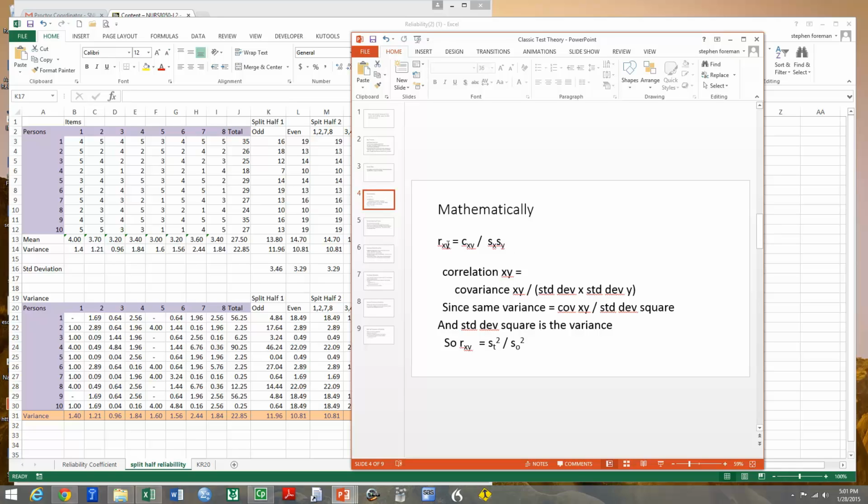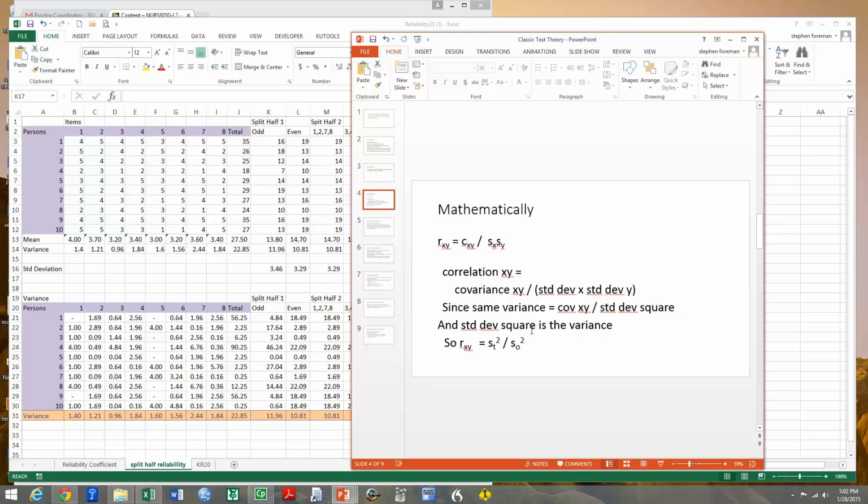Mathematically, the correlation between the two tests, x and y, should be equal to the covariance between the x and y scores divided by the standard deviation of x times the standard deviation of y. And since those variances are the same, then what we really have is the covariance of xy divided by the standard deviation squared.